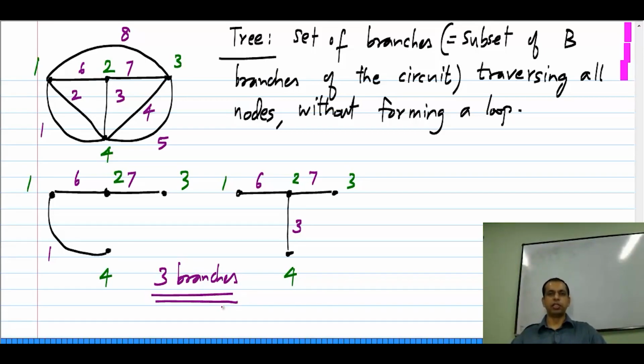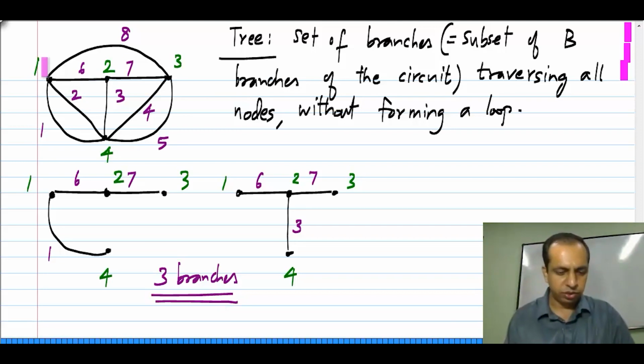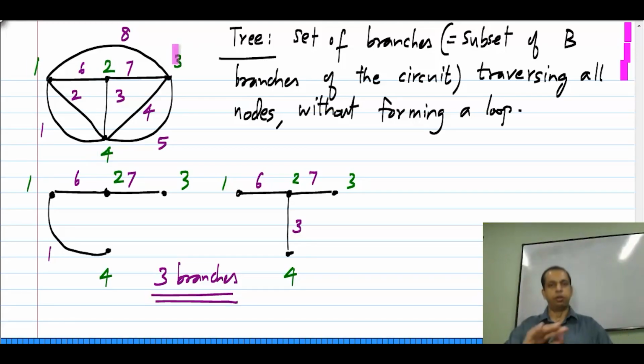Now, is this a coincidence? Of course not. If you have n nodes, you start from one node, you go to the next one, you order the nodes in any which way you want. I have in this case shown 1, 2, 3, 4, but you could also have done a different ordering. You take any ordering of the nodes, then you connect branches from node 1 to node 2, node 2 to node 3 and so on. So, clearly in going from node 1 to node n, by connecting a branch between every successive pair of nodes, you will have n minus 1 branches.